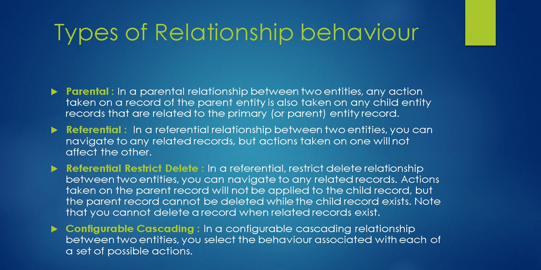Employer was the primary entity, you can say parent entity, and employee is the child entity. So if in case I have selected any particular record against employee's record, and if I delete employer record, then the employee record which is available in employee main form, that will also be deleted.